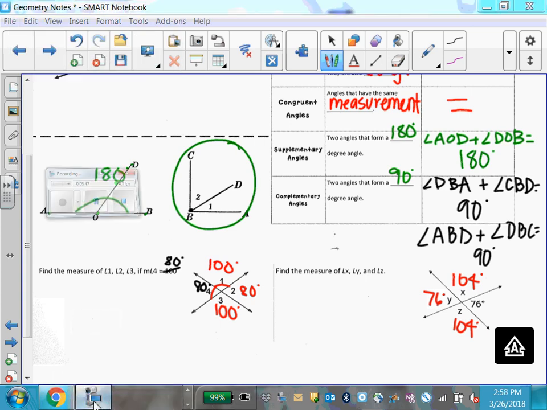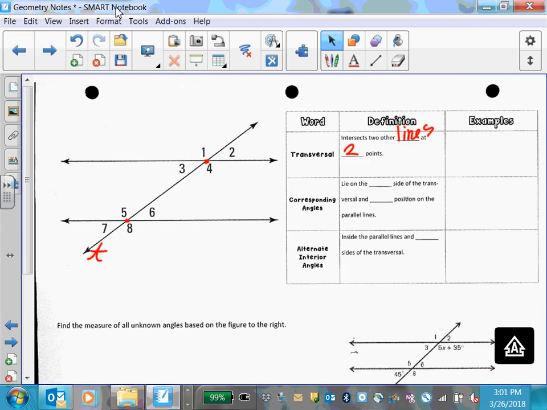Any questions? A transversal is the diagonal line that cuts through here. We're going to start with corresponding angles. You have to take notes and write at the same time. When you say you correspond with someone, that means you match; we're similar in some way.